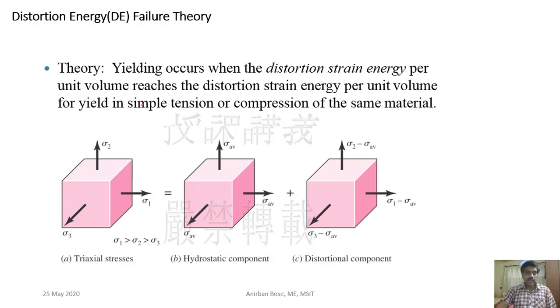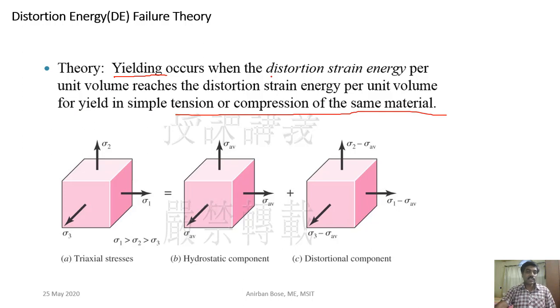So the failure theory tells that yielding occurs, that means the failure occurs, when the distortion strain energy per unit volume reaches the distortion strain energy per unit volume for yield in a simple tension or compression test of the same material.